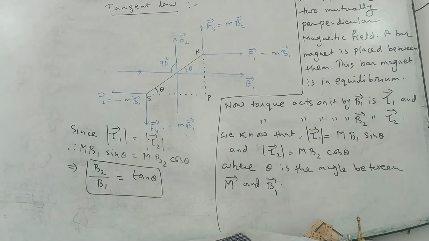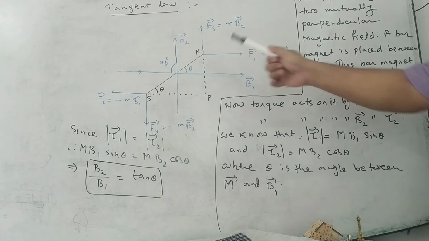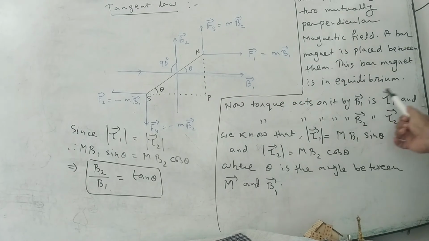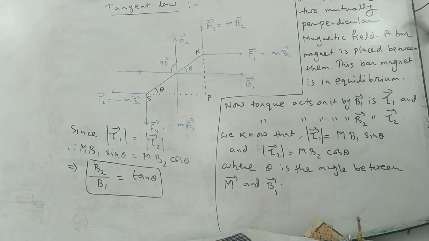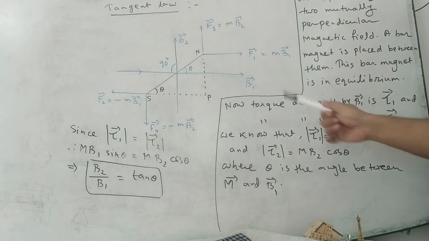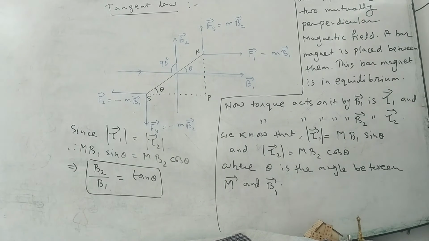The torque acting on the bar magnet due to the magnetic field B1 is tau 1, and the torque acting on this magnet by the magnetic field B2 is tau 2.